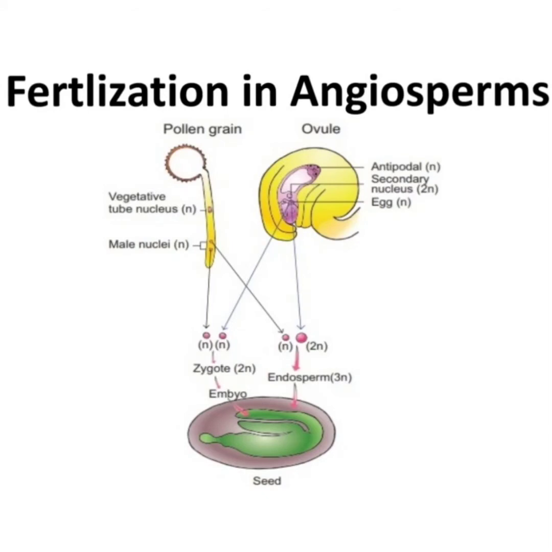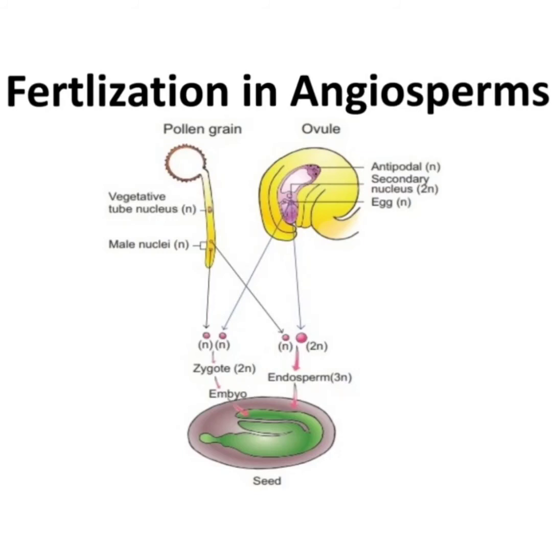One male nucleus fuses with the egg nucleus. So when the nuclei are fused, a 2n zygote is formed. Another male nucleus fuses with the secondary nucleus which has 2n number of chromosomes, and this forms a 3n endosperm.